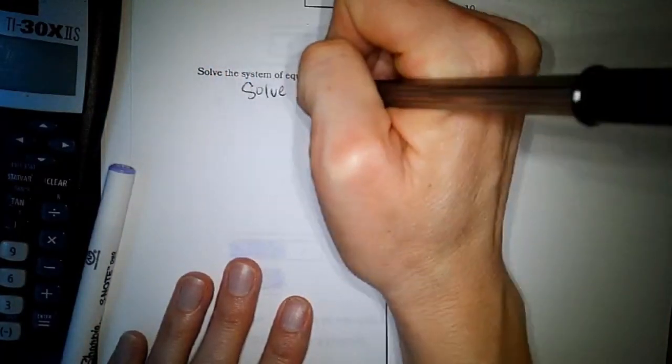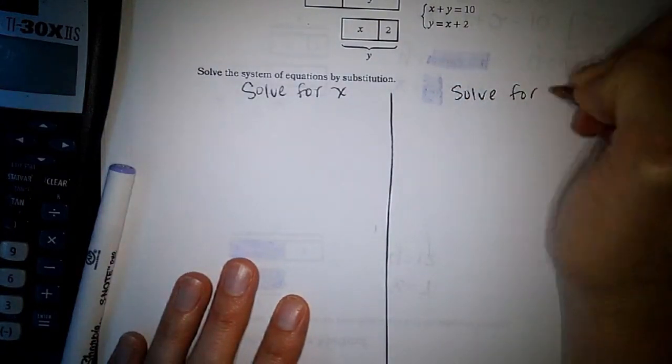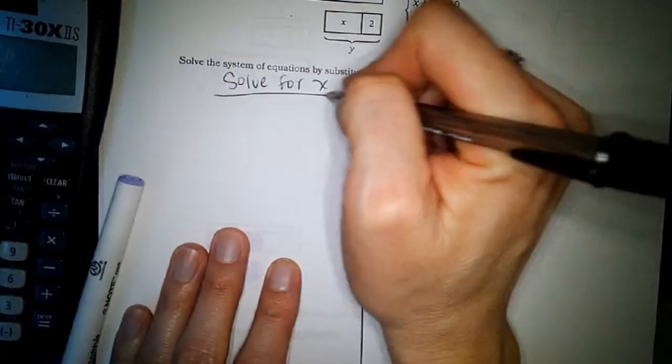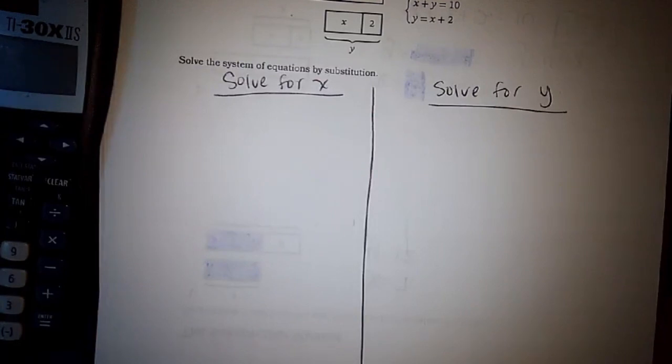One side we're going to solve for the value of x, the other one we're going to solve for the value of y. You need to write these notes. You have two equations. You have x plus y equals 10 and y equals x plus 2.